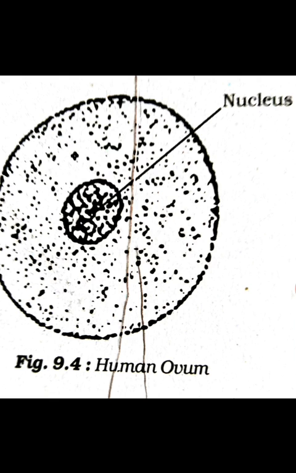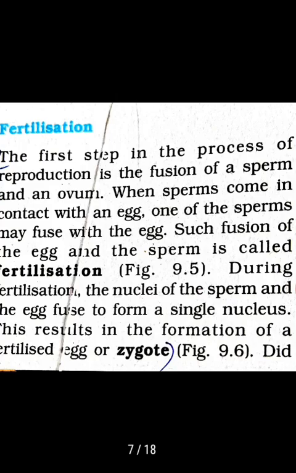The fusion of the male gamete and the female gamete is called fertilization. During the process, the nuclei of the sperm and the egg fuse to form a single nucleus. This results in the formation of a zygote, which is a fertilized egg.